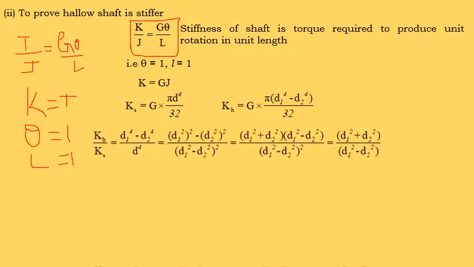Now we are going to divide Kh by Ks, that is the stiffness of the hollow shaft by the stiffness of the solid shaft.